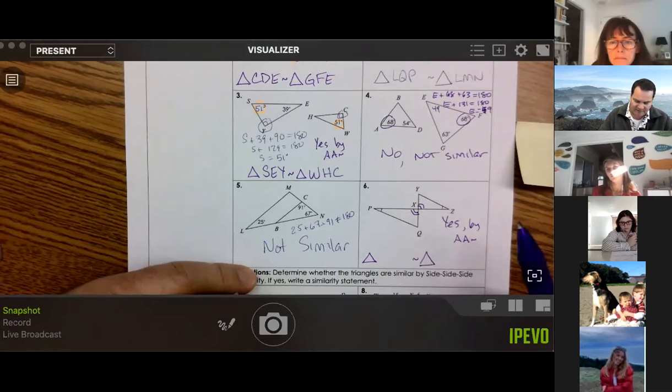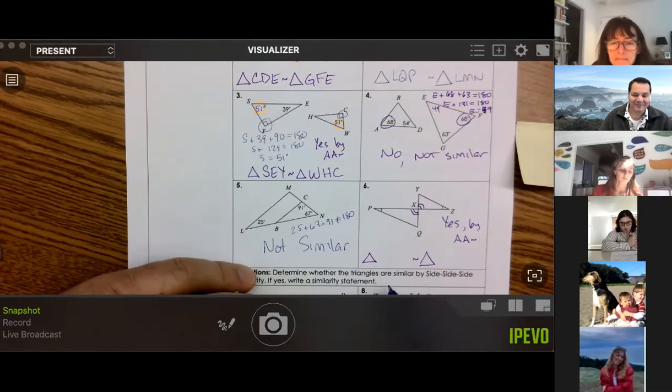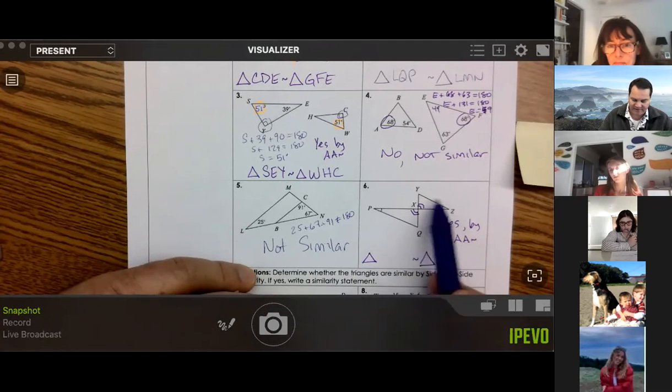So I'm assuming you're going to be on the hook. What's the first triangle? This part's so hard. What do you get? You can pick any of these 3 letters or any of these 3 letters in any order. PQX.